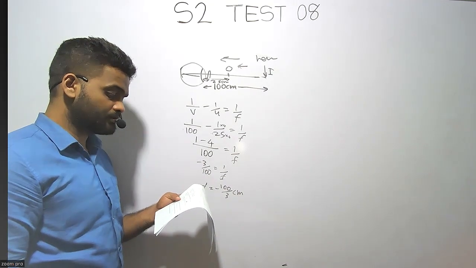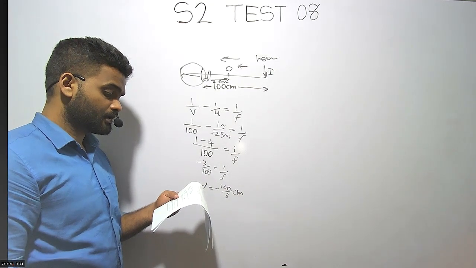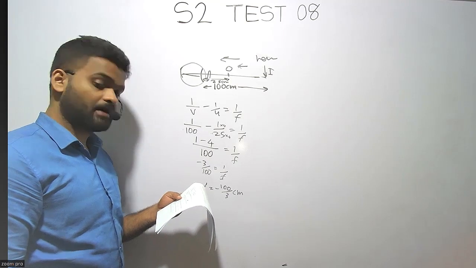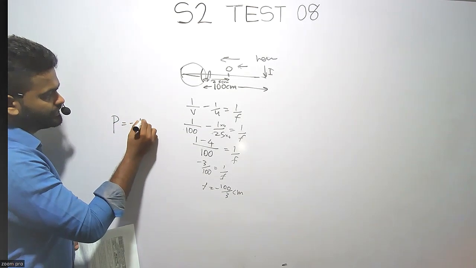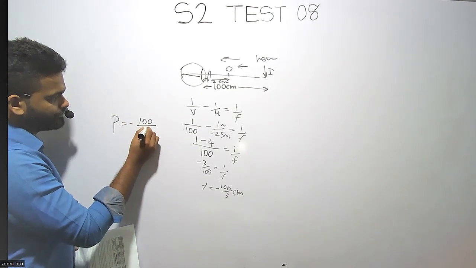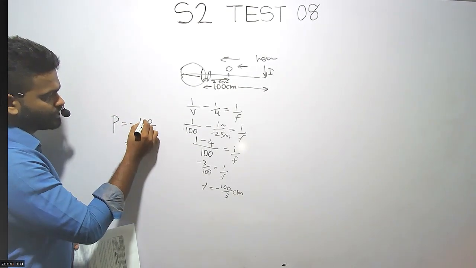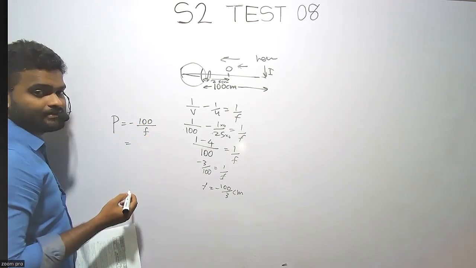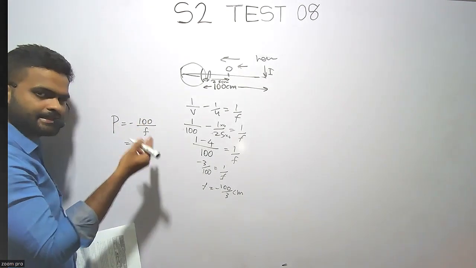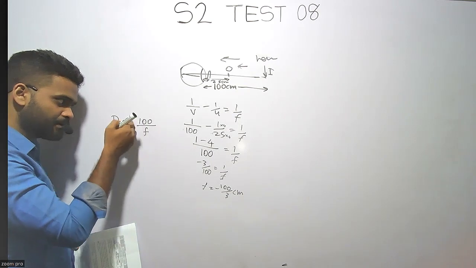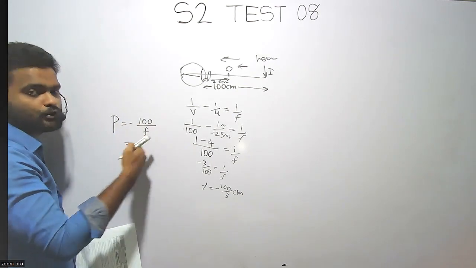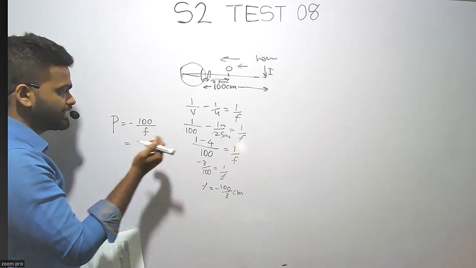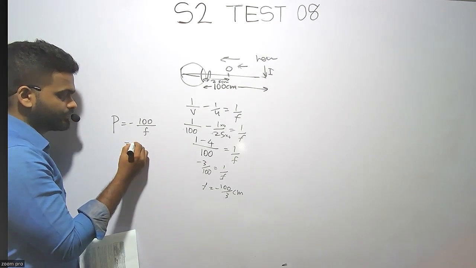They are asking about power, right? So in order to find power, you need this equation. So you put 100 here if the focal lengths are given in centimeters, right? Then it is easier. If it is given in meters, it is 1 over F. If it is centimeters, you can at once convert that into diopters.